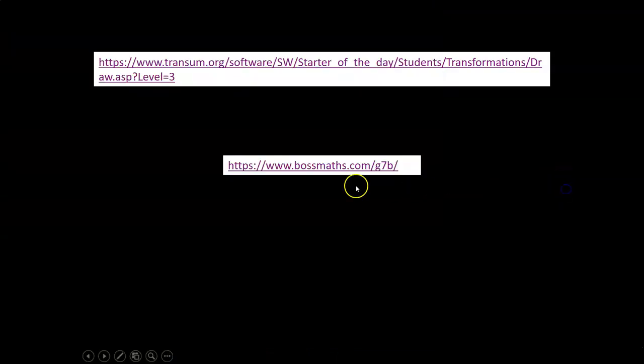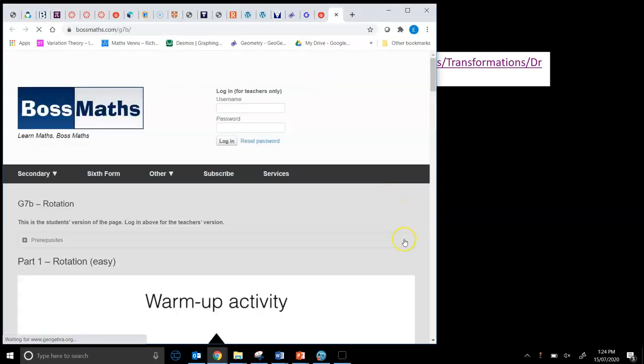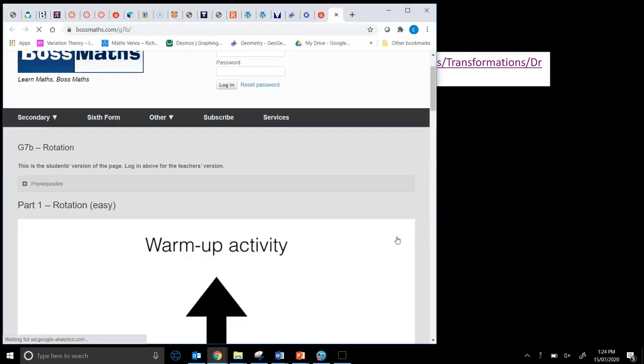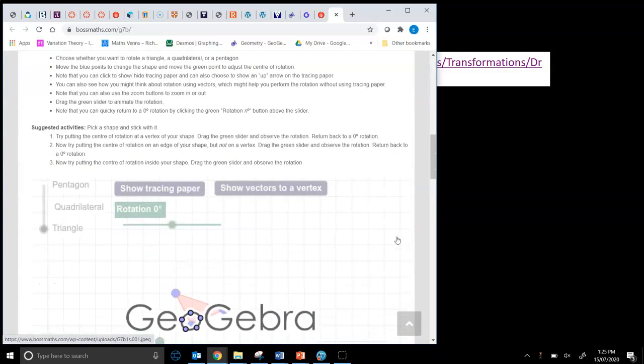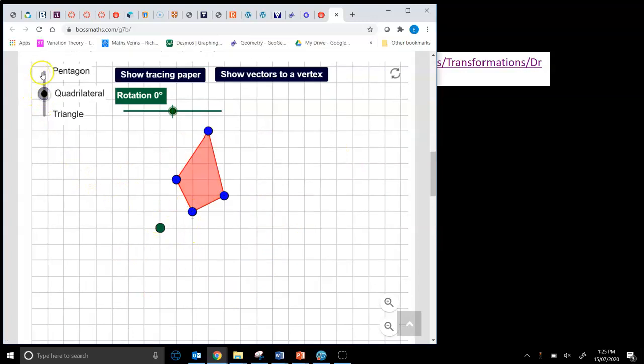Now, if you wanted to have a play around with rotation, you could go to this website here. Looks like this when you first get there. And if you scroll down, you have this interactivity that you can play with. So you can choose which shape you want by clicking here.